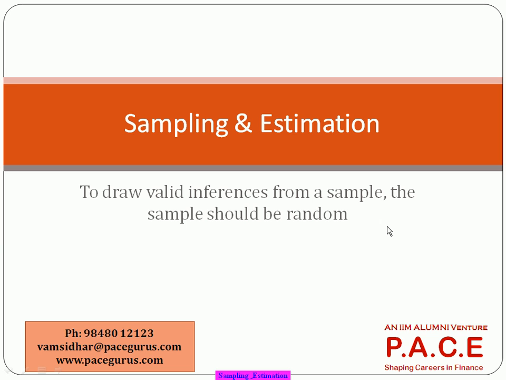That's the major intention of using statistics. Calculations are one part, but based on the calculations, how I make conclusions is the most important part. That is what we are going to deal with in this chapter, as well as the next chapter, which is hypothesis testing.